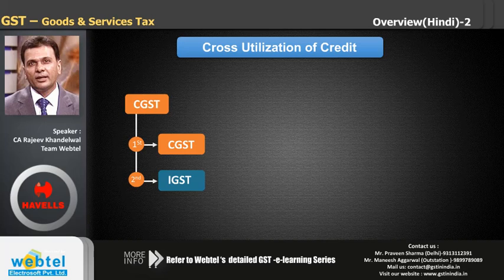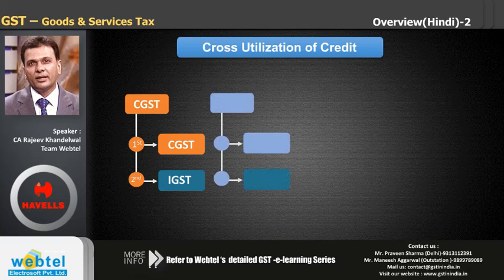But I cannot use this 30 rupees for payment of SGST. So I'll repeat, CGST can be used for making payment of CGST. If some balance remains, I can use it for payment of IGST, but it cannot be used for payment of SGST.